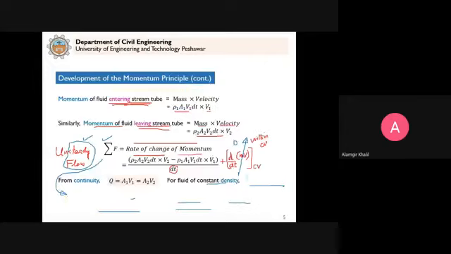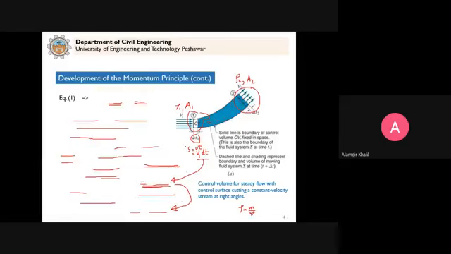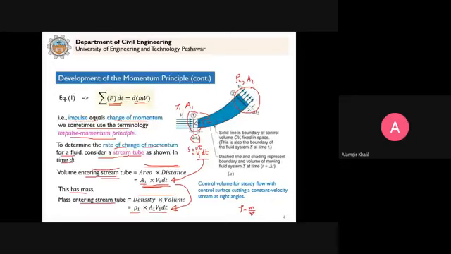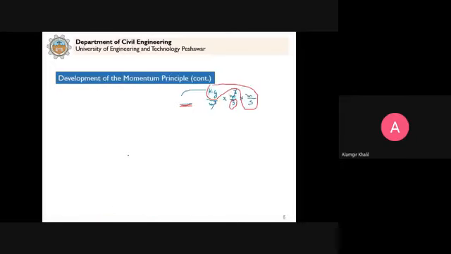So now what were we looking for? We were looking for, if I want to calculate the forces in fluid flow, what is the rate of change of momentum? Remember, in fluid flow, this rate of change of momentum is rho Q delta V. So if we have a fluid of mass density rho flowing with a discharge Q and there is a change in velocity, we can calculate the forces that will be generated.